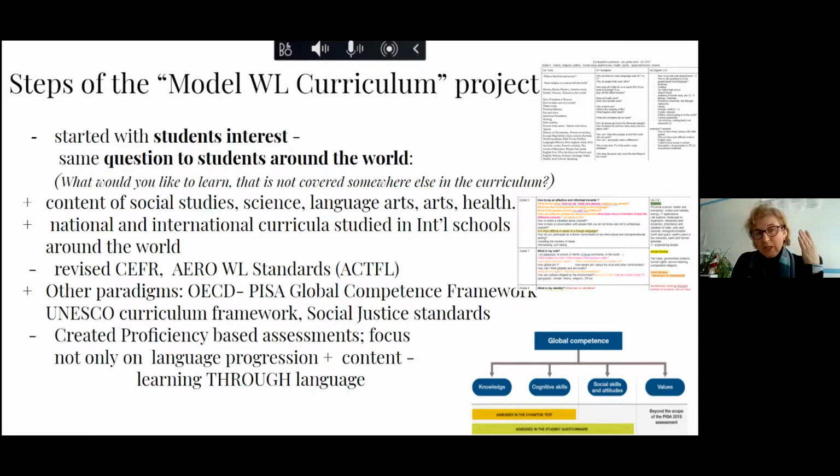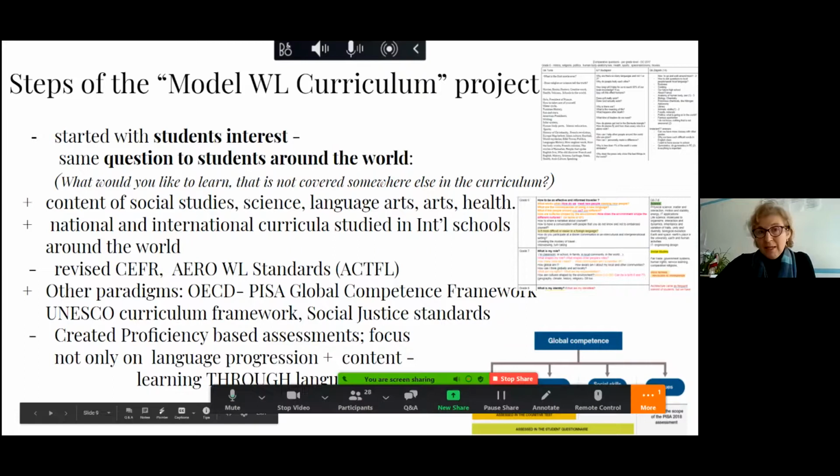The whole project today, as mentioned in the introductory presentation, is the Model World Language Curriculum project that started from the students' interest, from asking the same question to different students around the world. What would you like to learn that is not covered somewhere else in the curriculum? We compared what students around the world said. So student interest was the starting point.